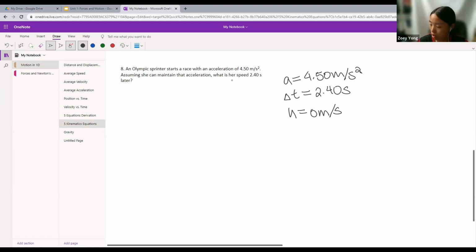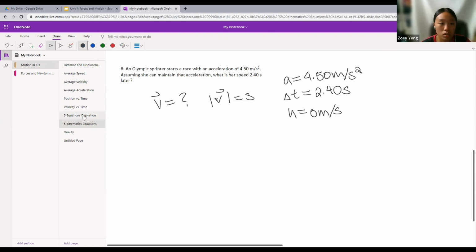The question is asking what is her speed 2.4 seconds later. Speed is just the magnitude of velocity, which is velocity without the positive or negative sign, or just velocity without a direction, basically. You can look at what you're given. So basically what you want to find is velocity. You can find speed from there because speed is the magnitude of velocity.